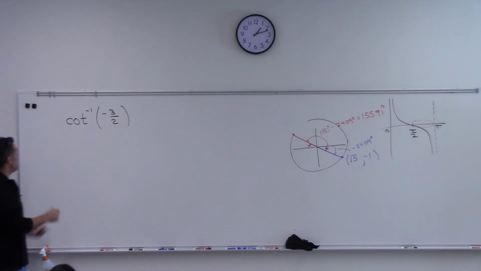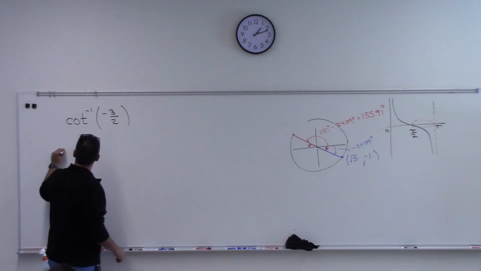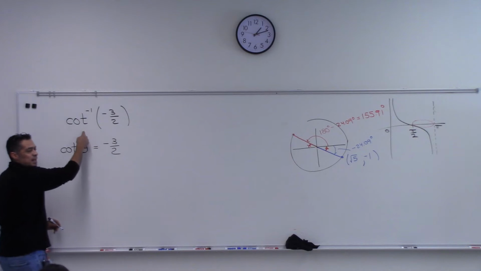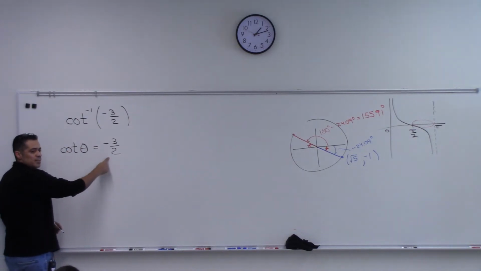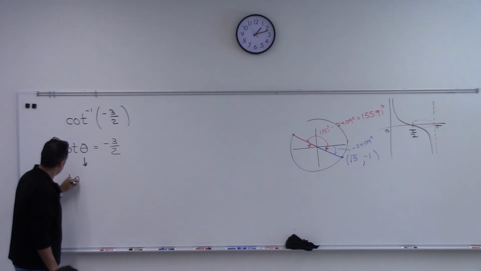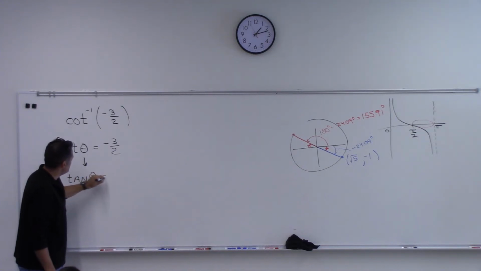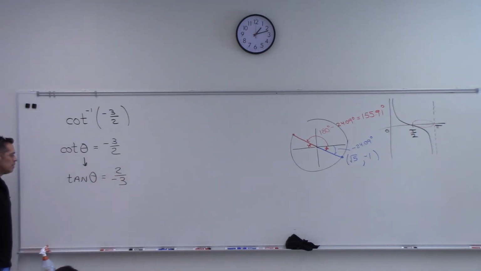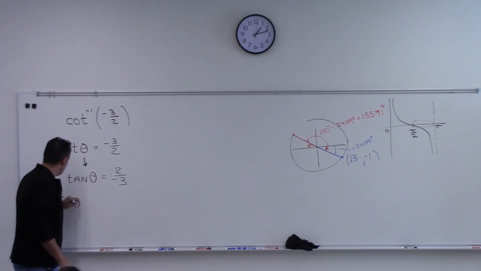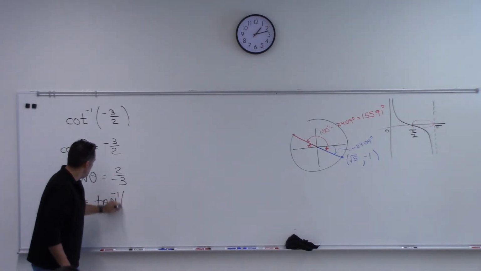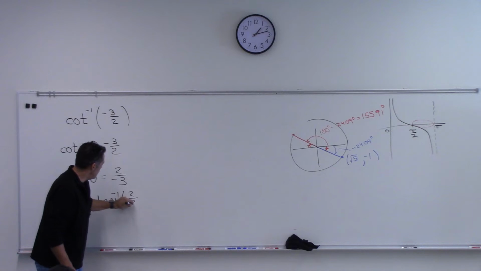All right, so this is asking for an angle that when you take cotangent of that angle, you get negative 3 over 2. That's what this means. Cotangent of some angle is this. Now, this means tangent of some angle is the reciprocal of this. And that means that the angle should be tangent inverse on my calculator of 2 over negative 3.